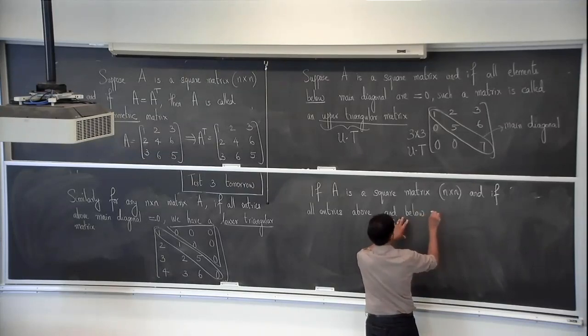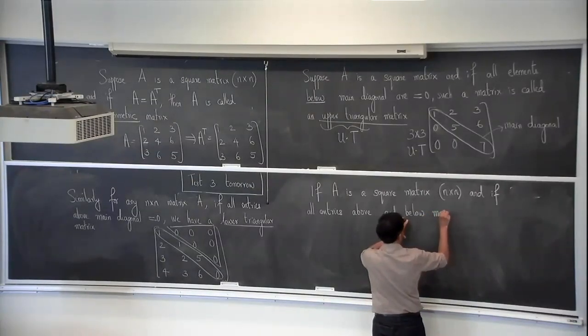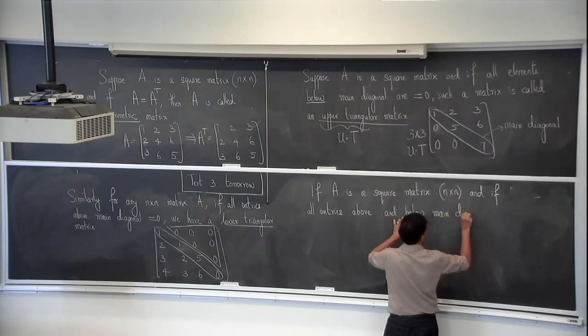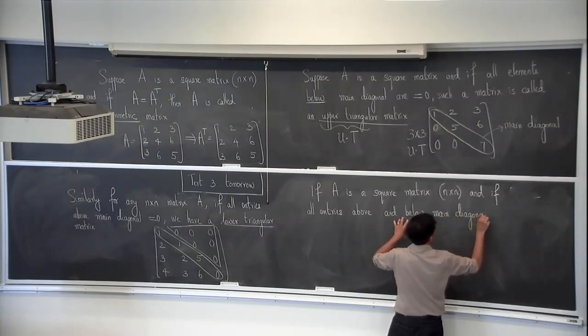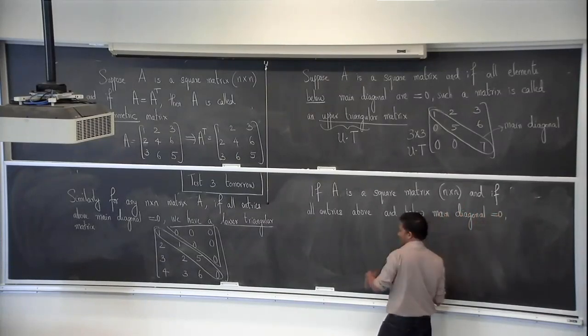So all the entries above and below the main diagonal are equal to 0. We call it a diagonal matrix.